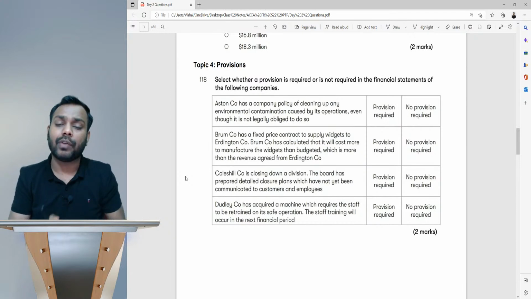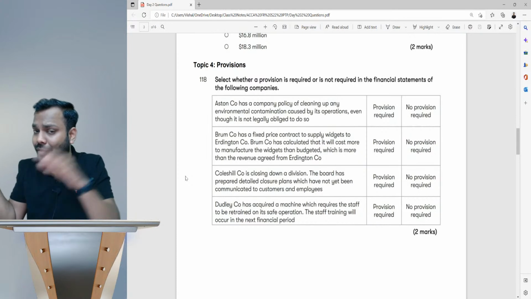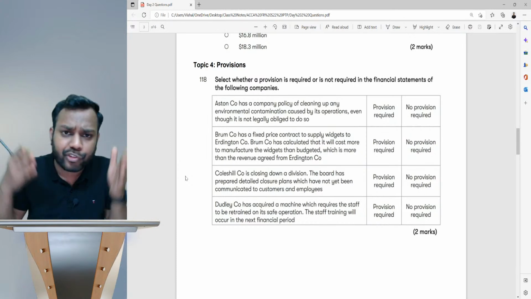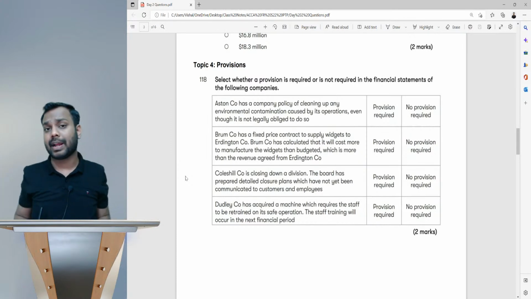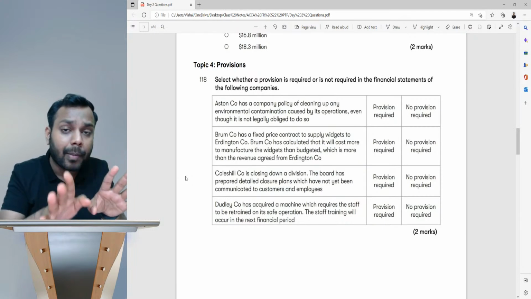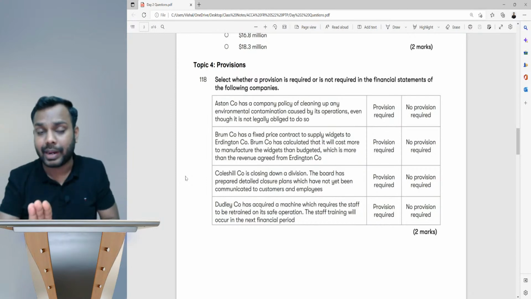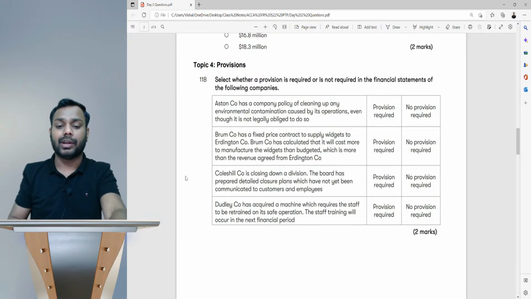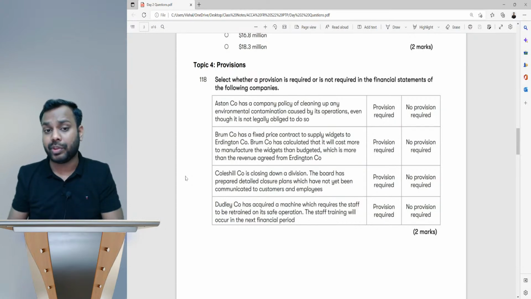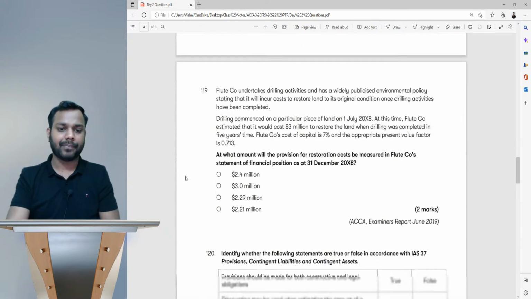Is it a past event or a future event? It's a future event. I will not recognize a provision for a future event, right? So no provision required, right? Coming to next point, 119.